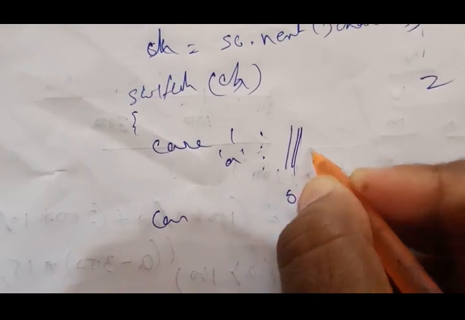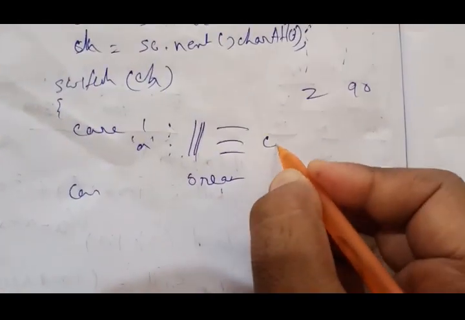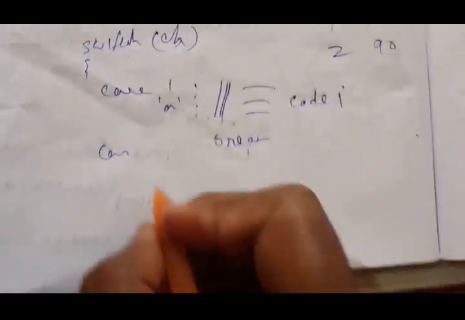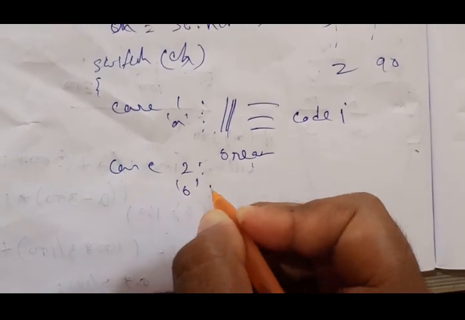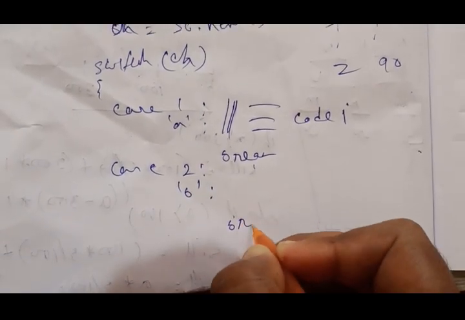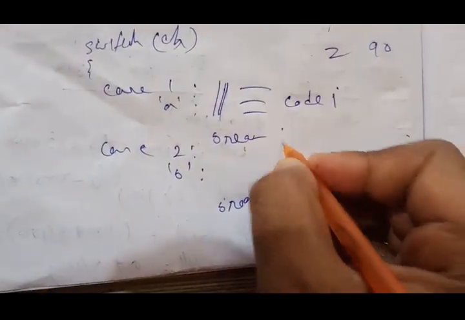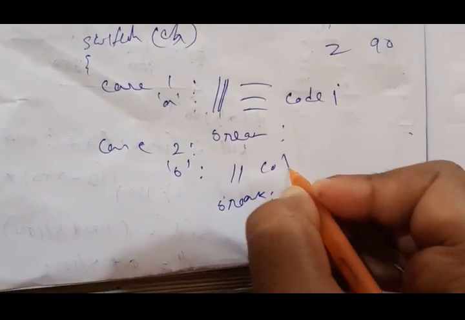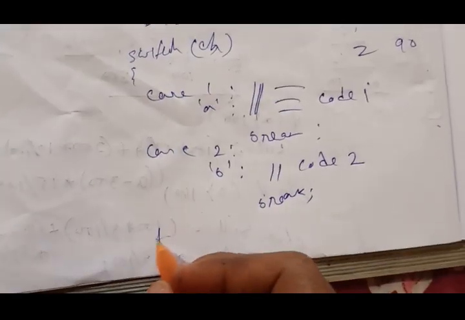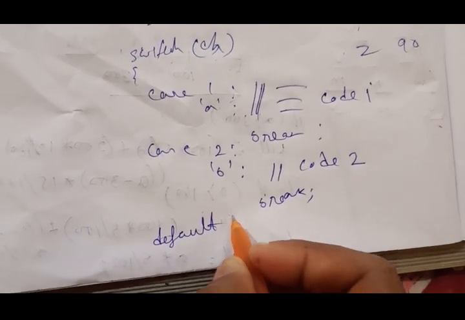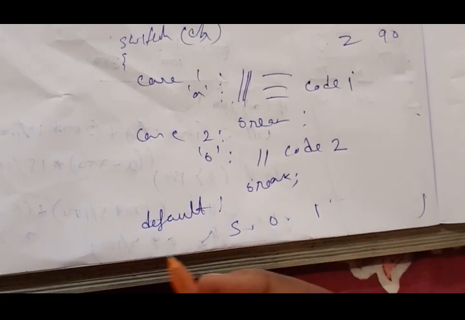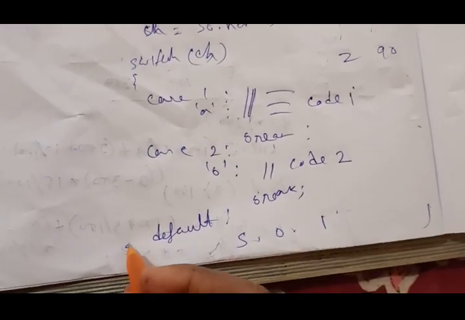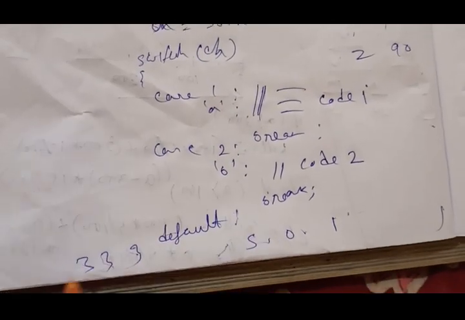Before this break you write your code for the different pattern. I'm writing code 1. Then case 2 or B, break. Here you write code 2. Default: System.out.println with your message, wrong choice or anything else, your choice. Then close the switch case, close the method, close the class.